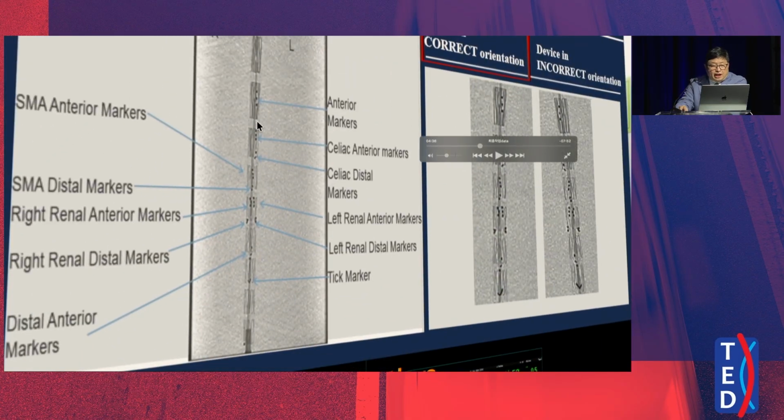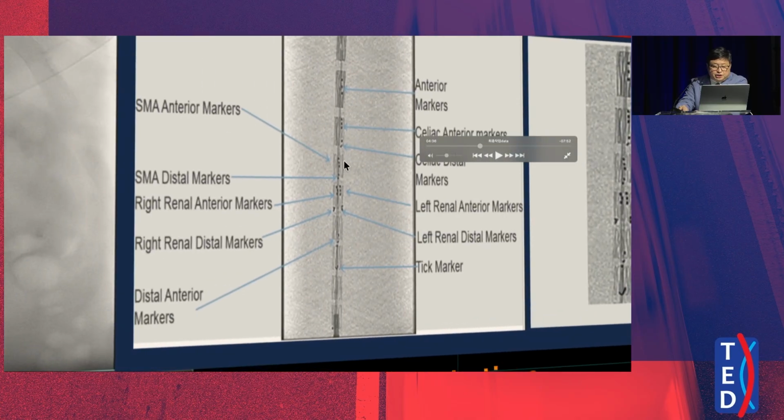So we can see the anterior markers, the proximal anterior marker and distal anterior markers. So this rotation is very important, and these are the celiac and SMA markers, and these are the right and left renal markers.